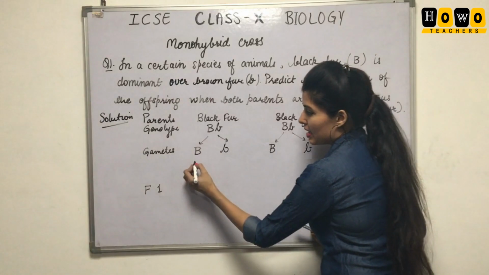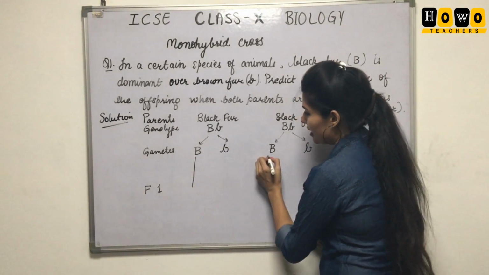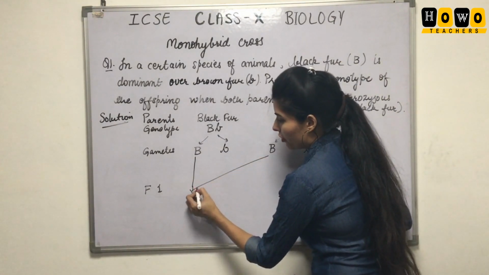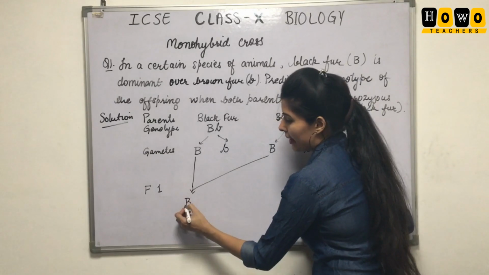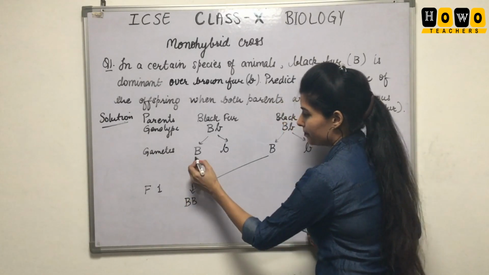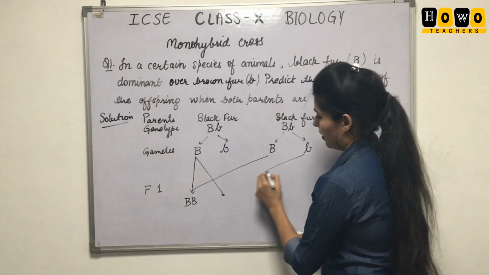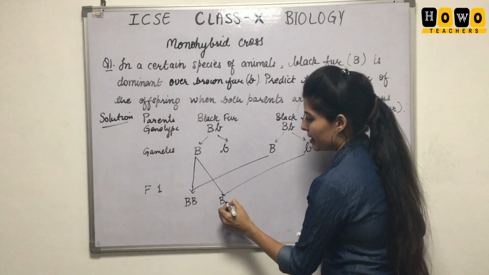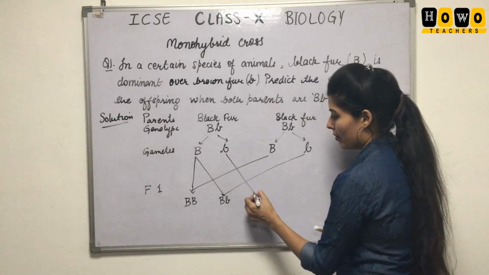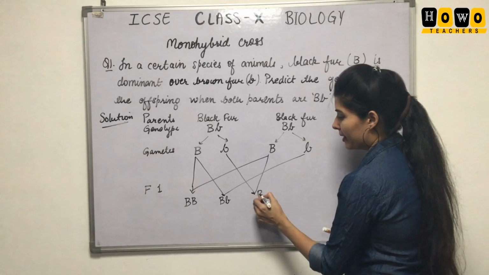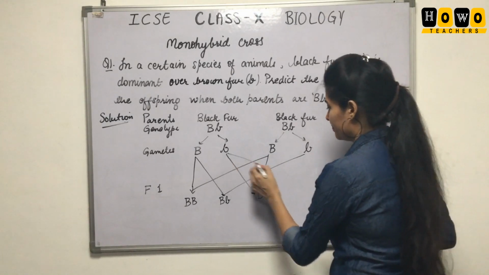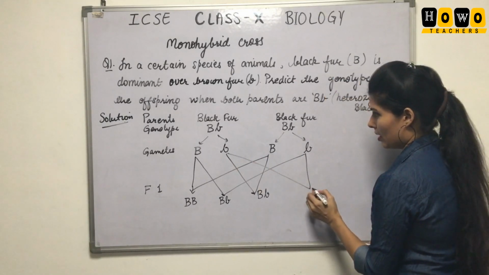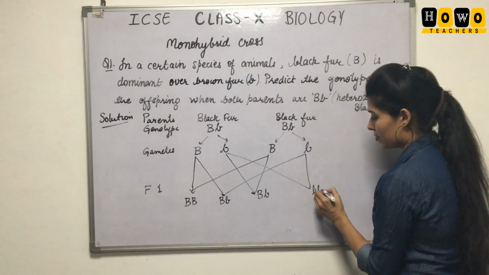So let us firstly cross it directly. What all offsprings will we be getting? Capital B, capital B, capital B, small b, capital B, small b, and small b, small b.